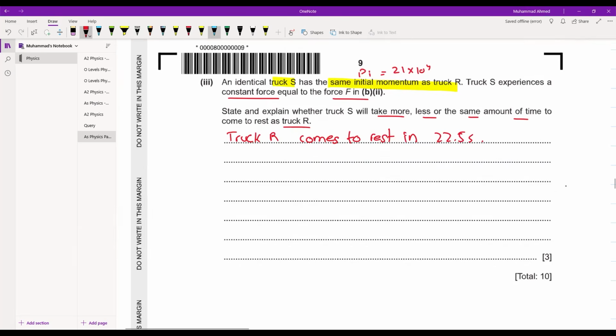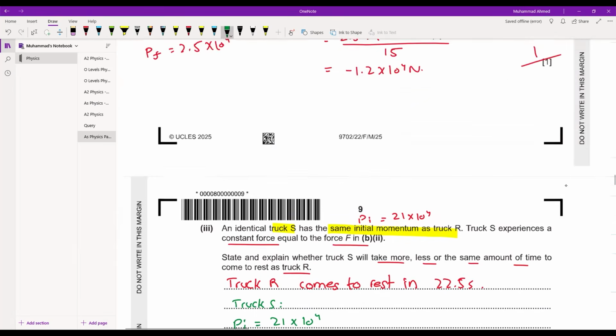Now let's calculate it for truck S. Truck S has the same initial momentum, that is 21 into 10 to the power of 4. Final momentum will be 0. Your average force is what? Negative 1.2 into 10 to the power of 4.